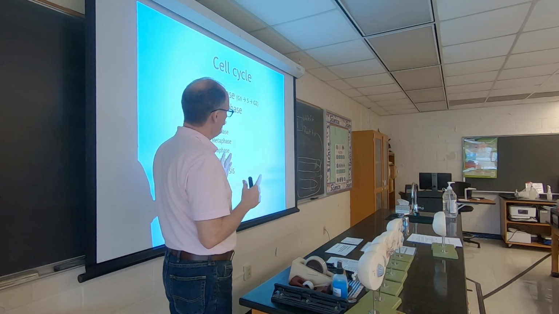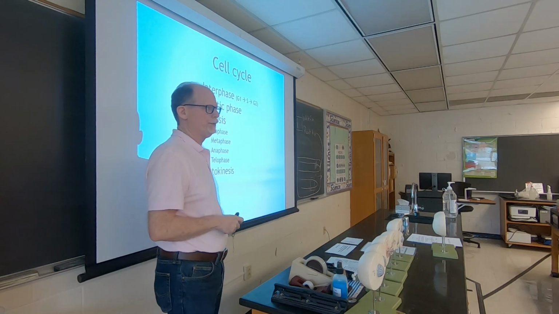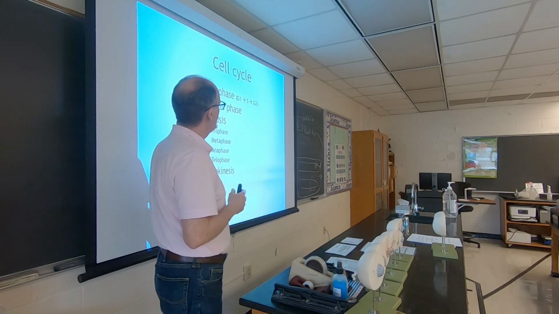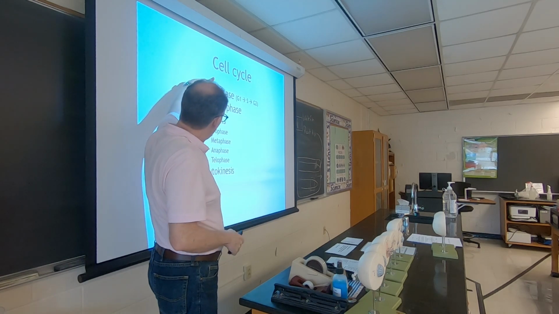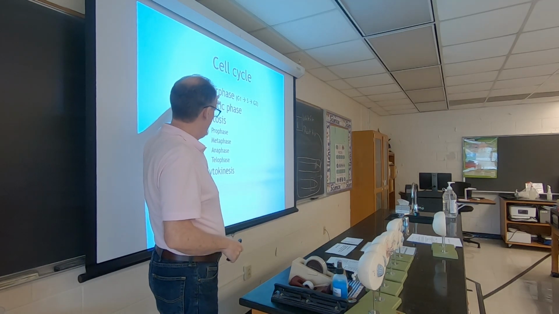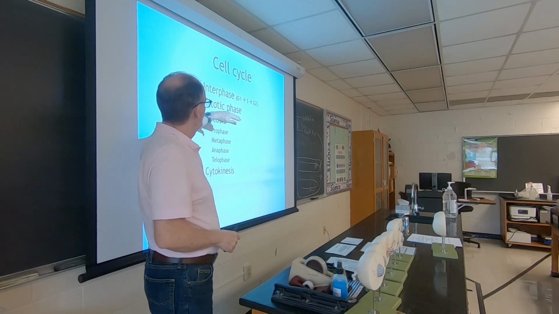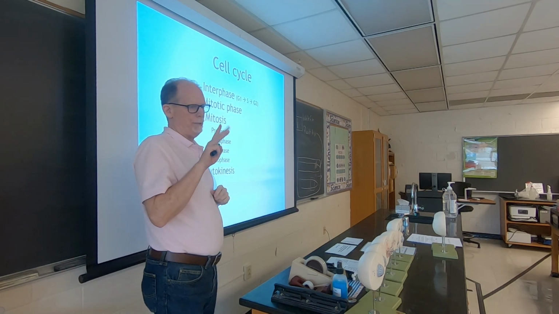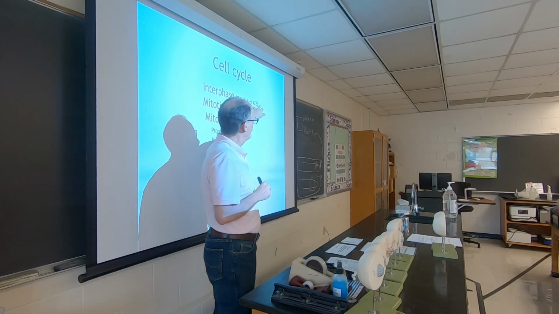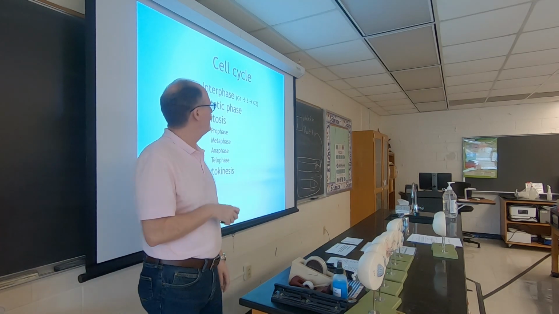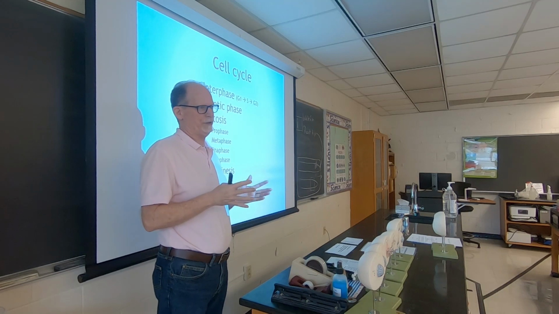Okay. Now, we talked about this in class, right? The cell cycle is a combination of two parts: interphase and mitotic phase. The interphase has 3 parts, the G1, S, and G2 phases, and each one of them lasts for approximately 6 to 7 hours.